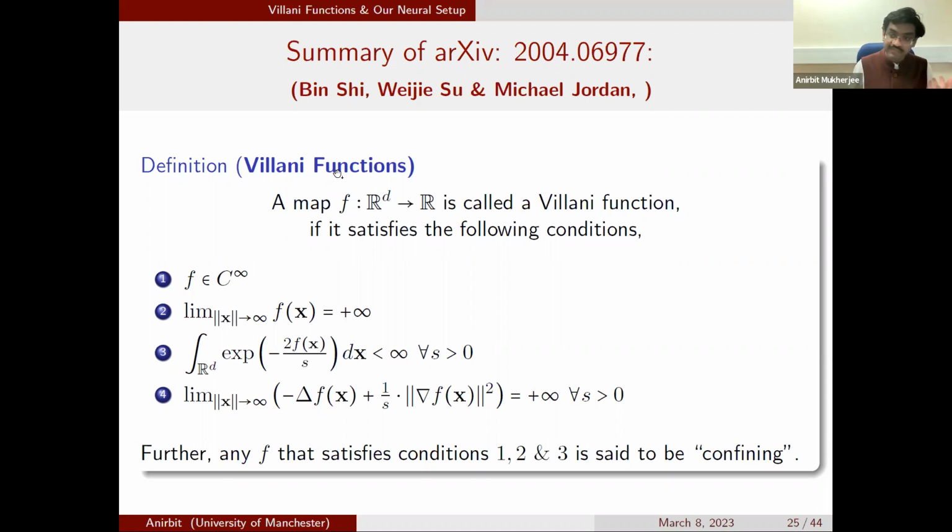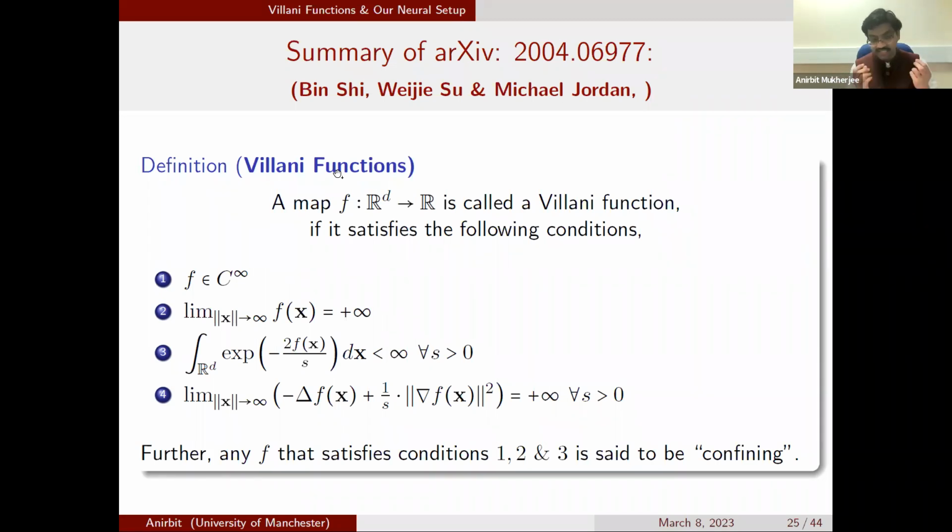And the fourth condition, which is the critical condition, is that negative of the Laplacian of f plus 1 over s times the norm square of the gradient diverges to infinity. So as you go towards infinity, the norm square of the gradient has to blow up faster than the Laplacian of the function, so that the difference blows up to infinity.